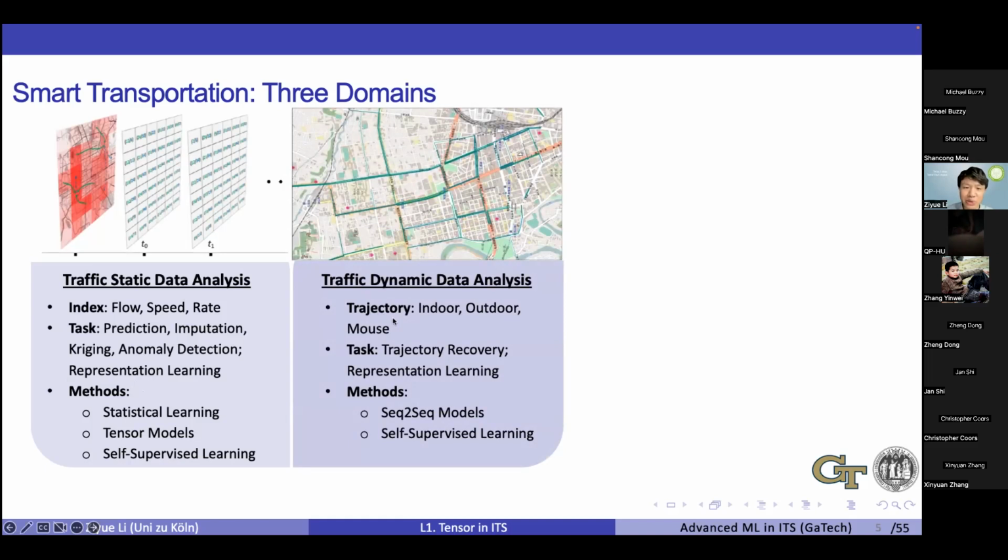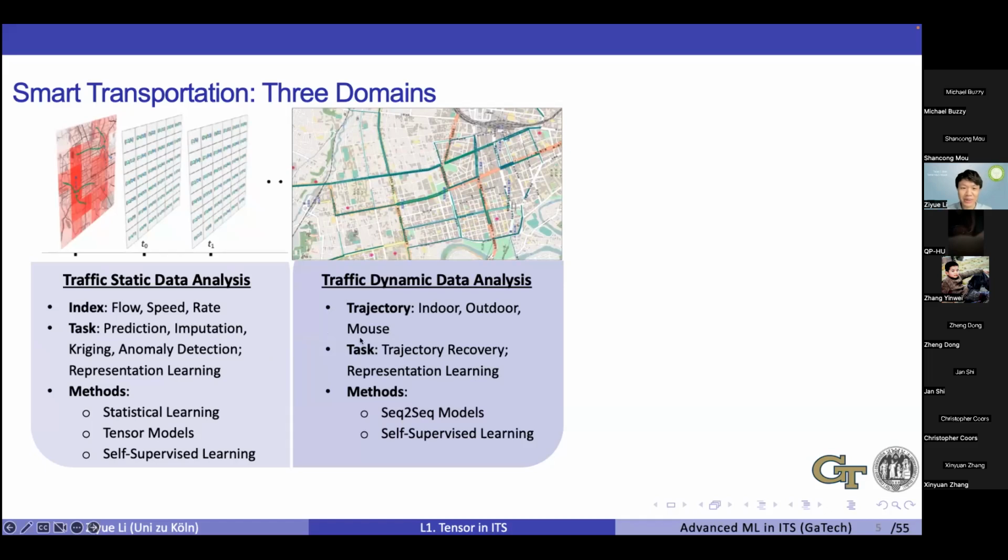And the second type is the traffic dynamic data. It can be trajectories indoors, or trajectories outdoors. Indoors, for example, inside of a museum or a shopping mall, how do you use the indoor trajectory to better navigate? And also, my mouse is moving, so the trajectory of the mouse can also be considered as data we can analyze.